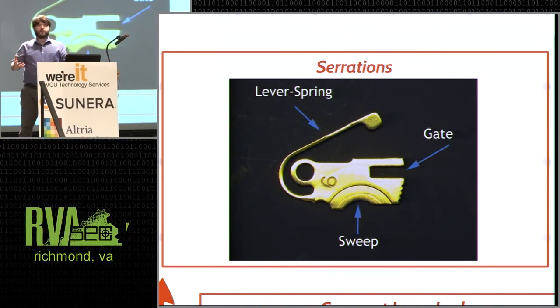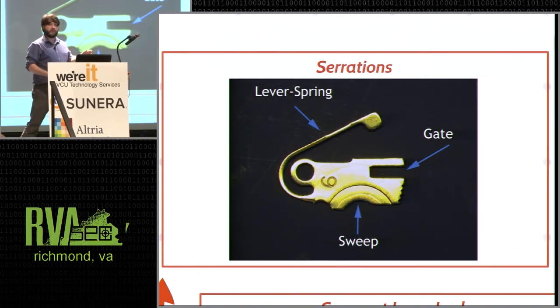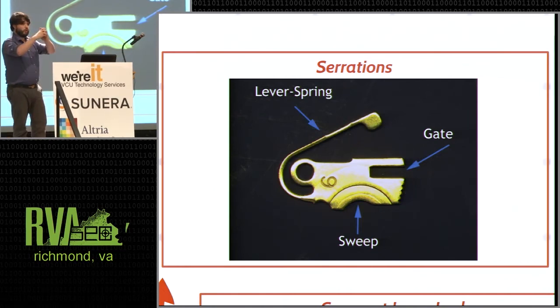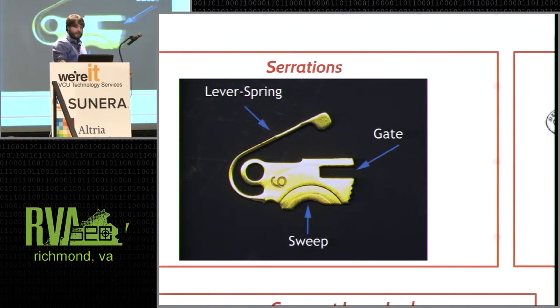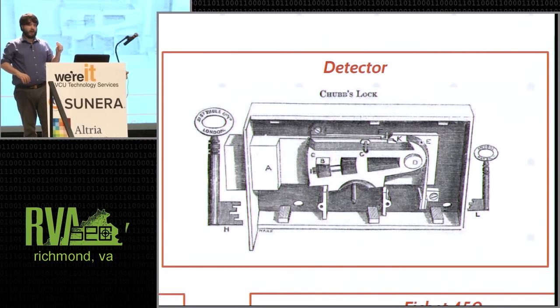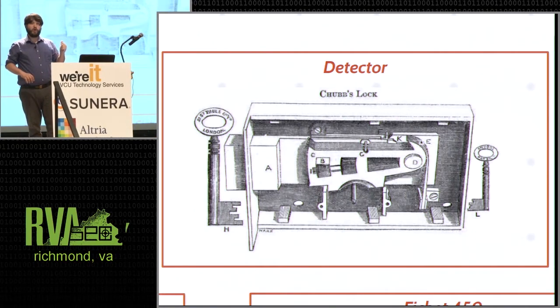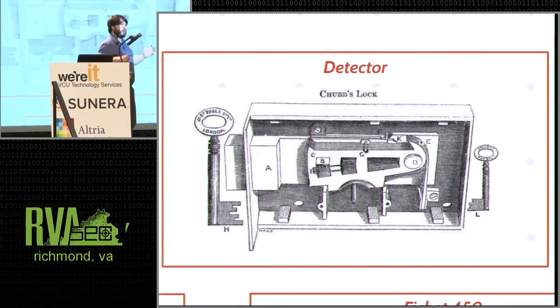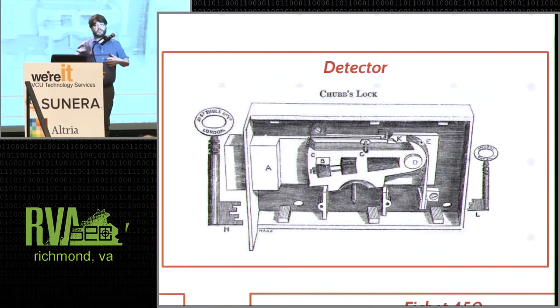So one of the things they try to do is add serrations to the lever tumblers, so that now as you're pressing the tumblers, the post will catch on these serrations, and it'll be much harder to feel where the true gate is. Now that doesn't completely defeat us, but it does buy everybody a little bit of time. Additionally, we see our first detector locks, where we will know whether or not the lock has been attempted to be opened, and it will lock the person out from making any additional attempts.